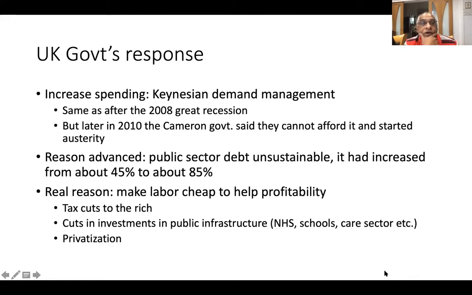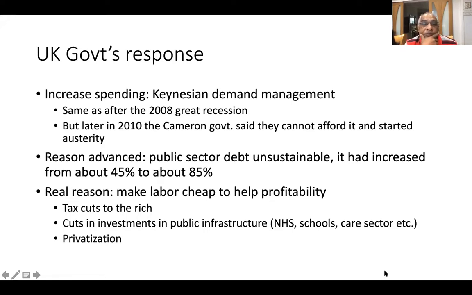Now, the UK government's response to the present COVID crisis has been increased spending. So this is a Keynesian response. It is the same as what happened after the 2008 Great Recession. But later in 2010, the Cameron government said we cannot afford it and started austerity. The reason advanced was that the public sector debt is unsustainable.